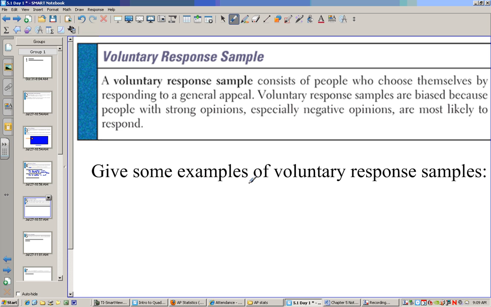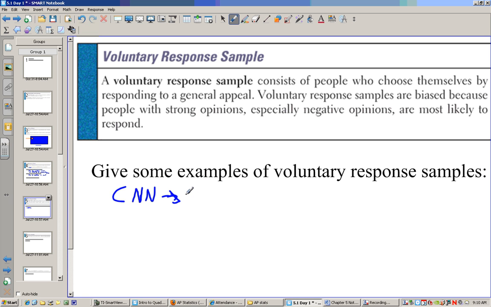Some examples of voluntary response samples are like CNN. CNN can have some polls where maybe a commentator will say, call in if you think immigration is a problem in America. Now, that's a pretty biased question, but the only people who are going to call in are the people who feel really strongly.